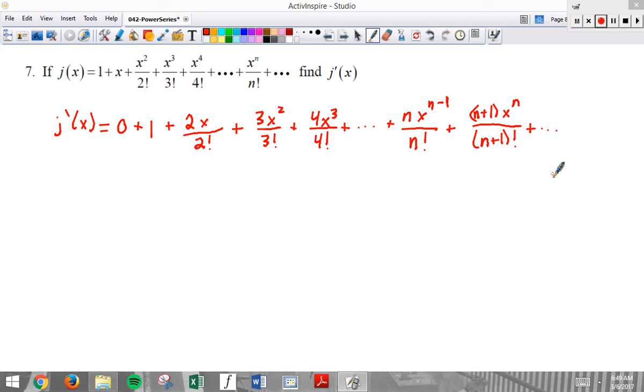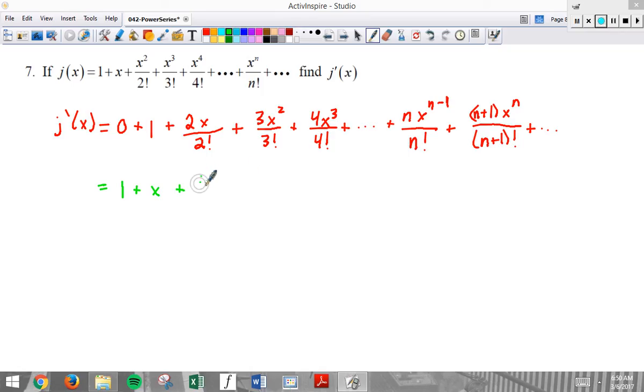Let's simplify this. And if this confuses you, you need to go back to the first example in 7-2. 1 plus, what's 2 over 2 factorial? 2 factorial is 2. 3 over 3 factorial is not nothing like that one was.